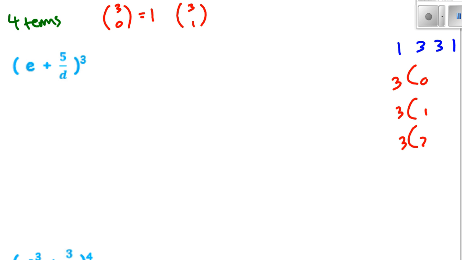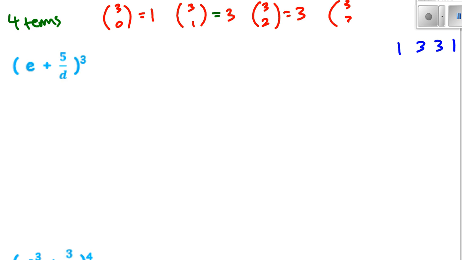So feel free to write it in the nCr style. I'm just practicing writing them in the brackety bit because that's my favourite way. The nCr is how you calculate it. 3C0 equals 1, 3C1 equals 3, 3C2 equals 3, 3C3 equals 1. There you go. So 1, 3, 3, 1.